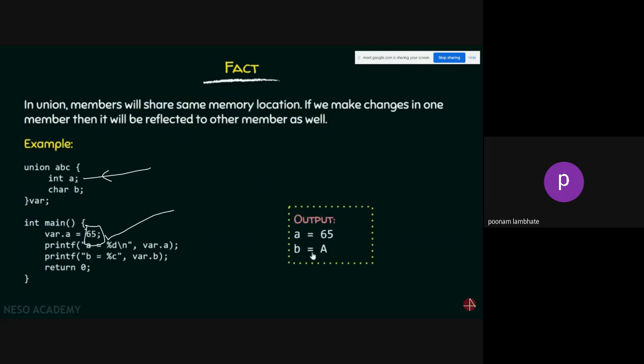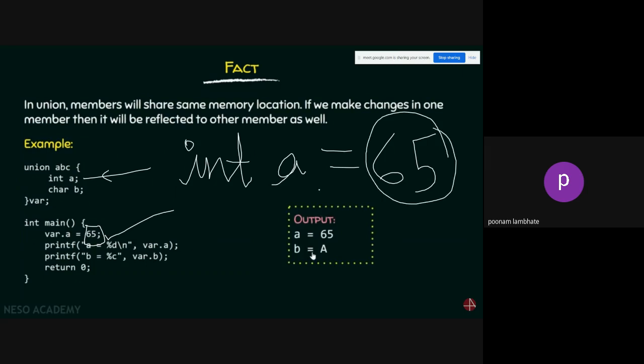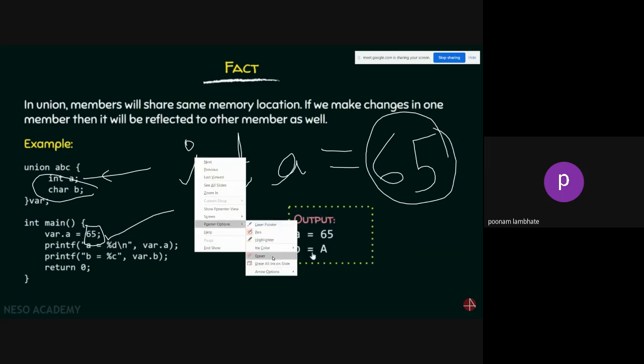The ASCII value 65 corresponds to capital A. You stored 65 in the variable int A, and since B is also a union variable, this will affect the value of B. So even if you don't initialize B to any character, it will take the value corresponding to this ASCII value. If the ASCII value is 65, the character will be capital A, and capital A will become the value of character B. I repeat whatever I said.